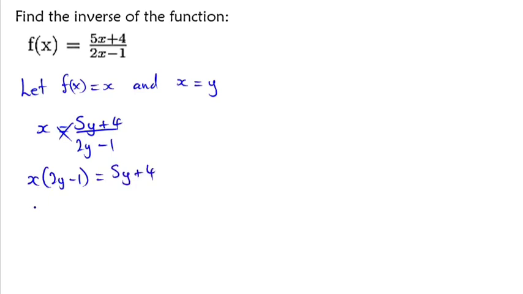So x times 2y gives us 2xy minus x times 1 is x. This is equal to 5y plus 4. So if I make y the subject of the formula, then this will be 2xy minus 5y. This is equal to 4 plus x. So factor out y.